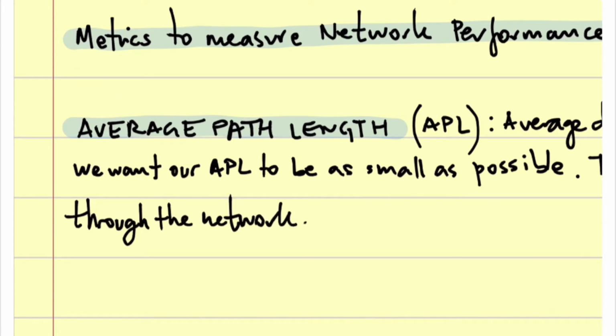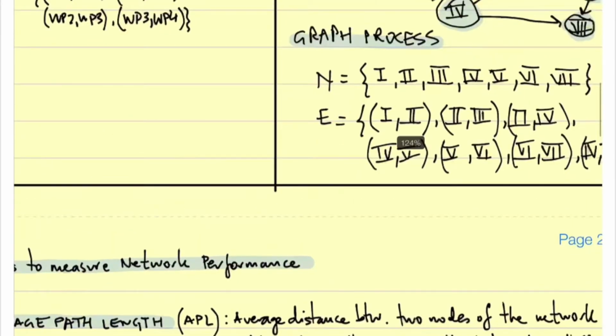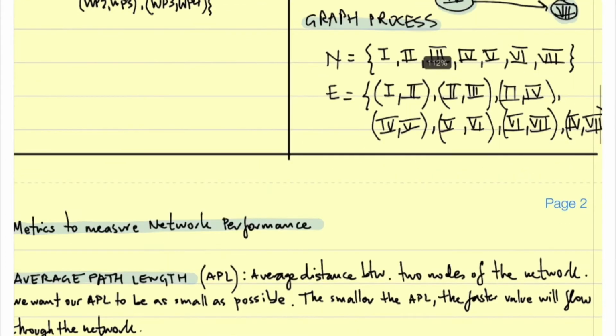Okay, this is logical. If our average path length is low, is small, then the distance between any two nodes is small, so we get information, material, or value in general fast from A to B.